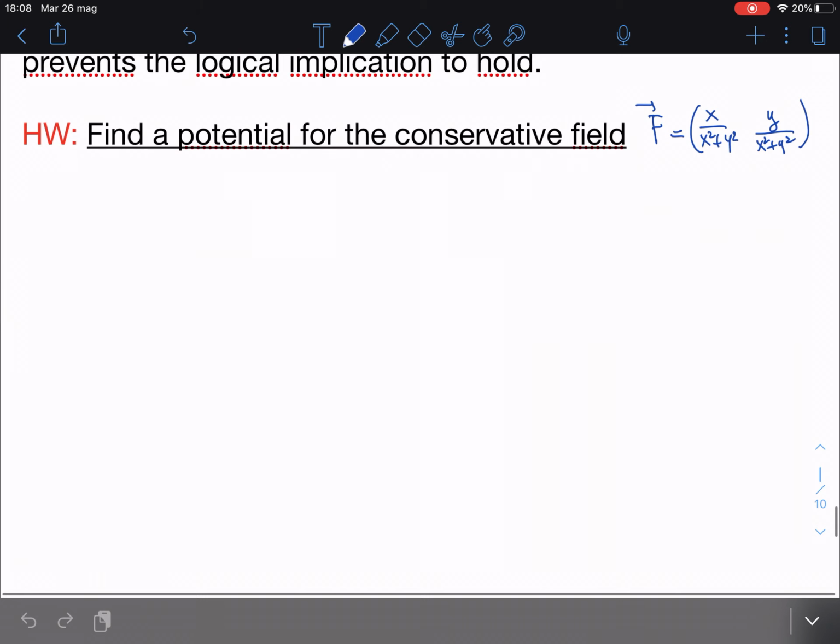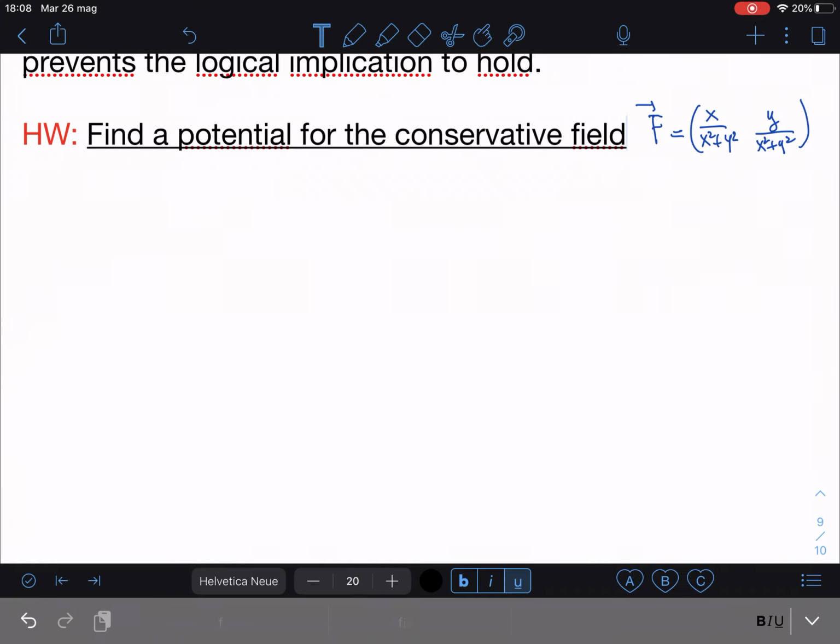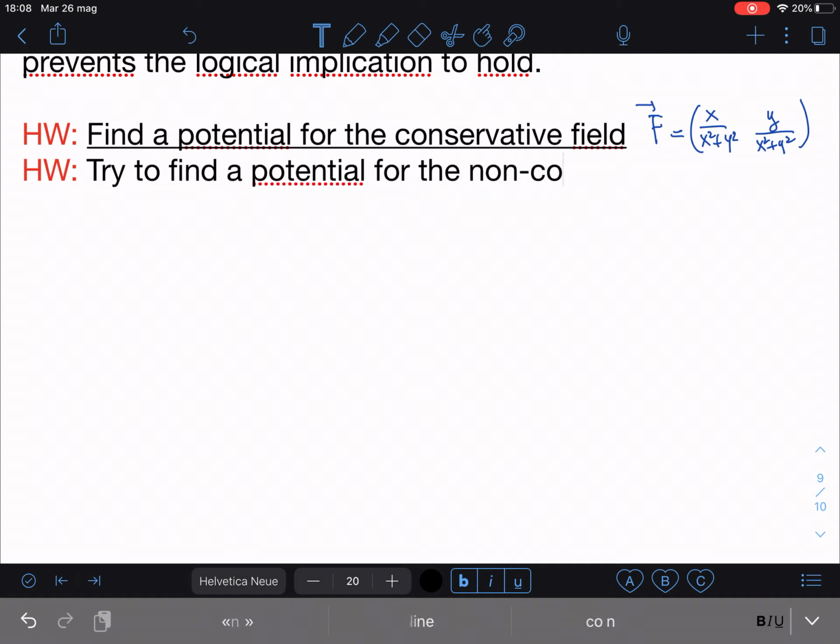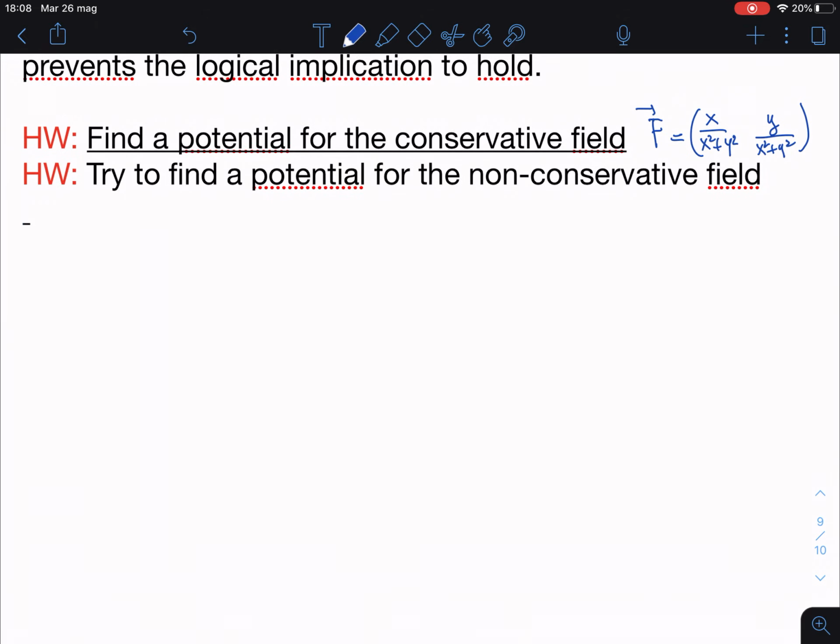Second homework, which is very subtle: try to find a potential for the non-conservative field. And you know what the problem is?